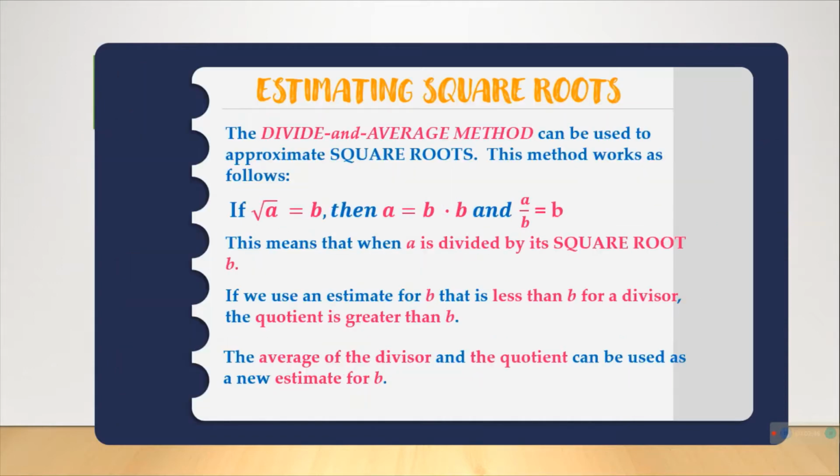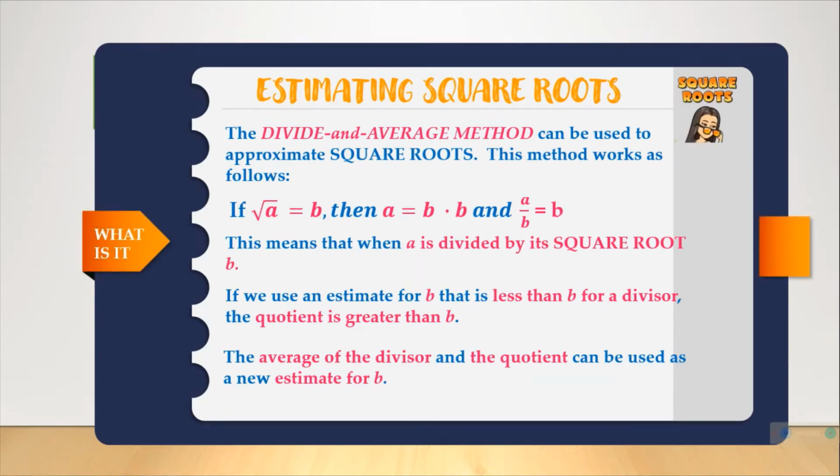What a relief. So, the divide and average method can be used to approximate square roots. This method works as follows.